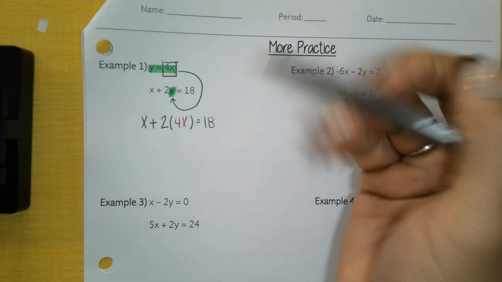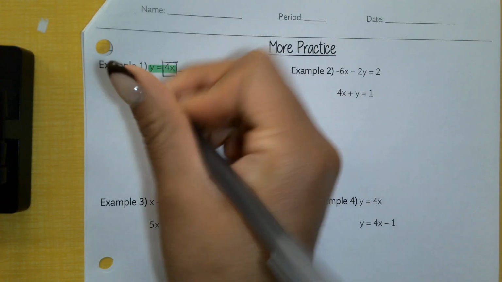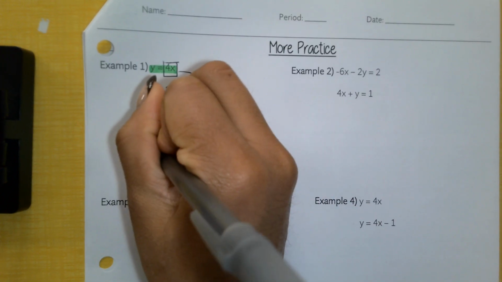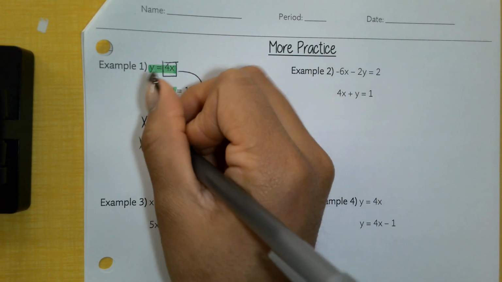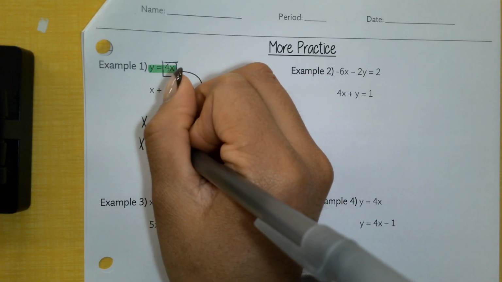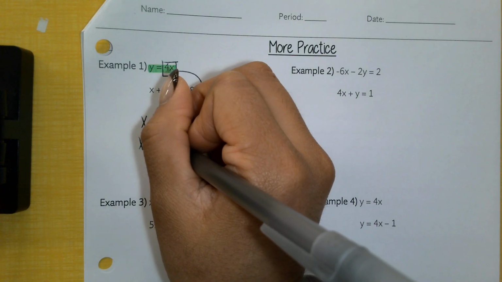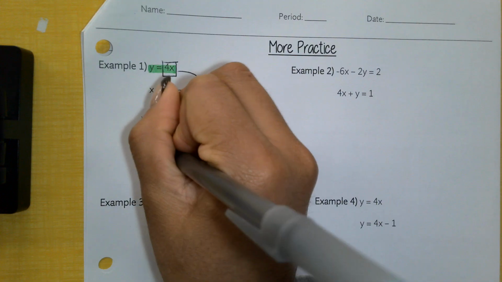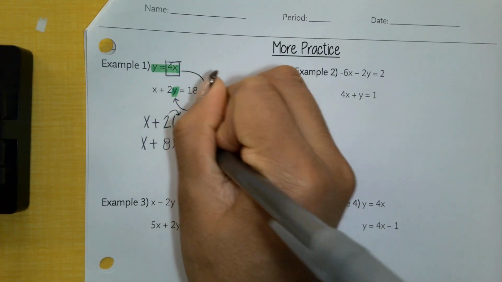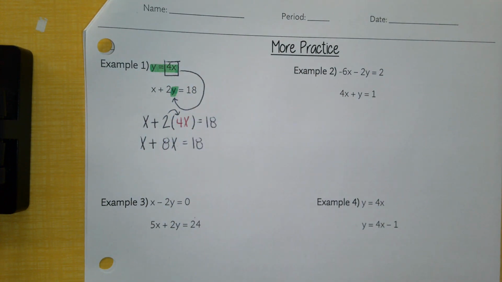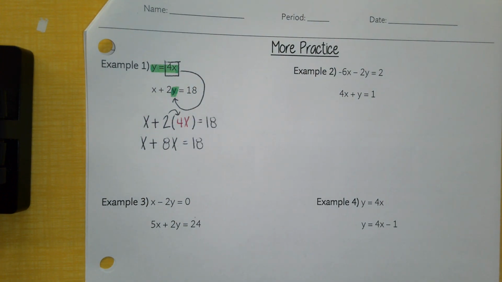So I'm going to go ahead and get rid of my parentheses by multiplying 2 times 4x, bringing down that x on the left. What's 2 times 4x? 8x is equal to 18. What do I do next?